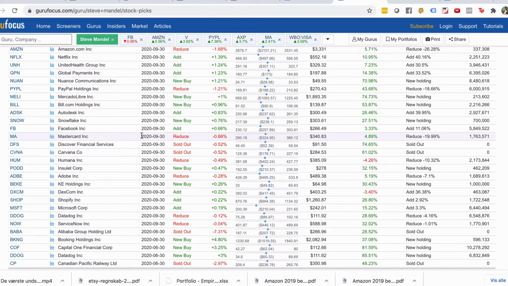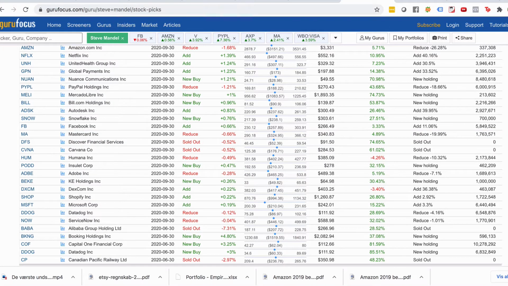So the thing about looking up these big guys is that you're not going to know exactly what they did when, at exactly what price level, but you will know which quarter, because they have to report their trades to the SEC four times a year. So what we can see right here from the Facebook post is that it was reported on the 30th of September.